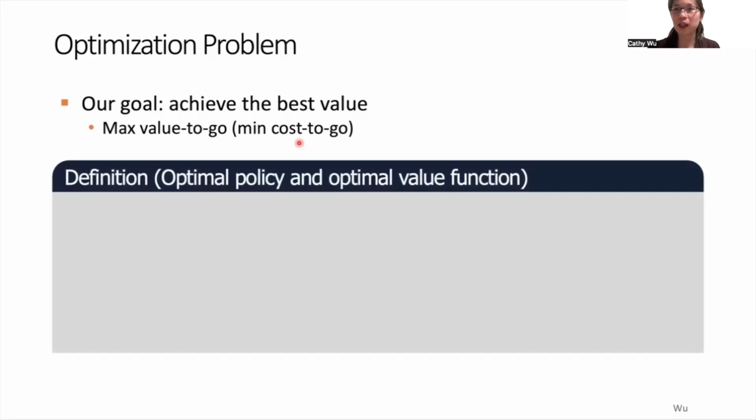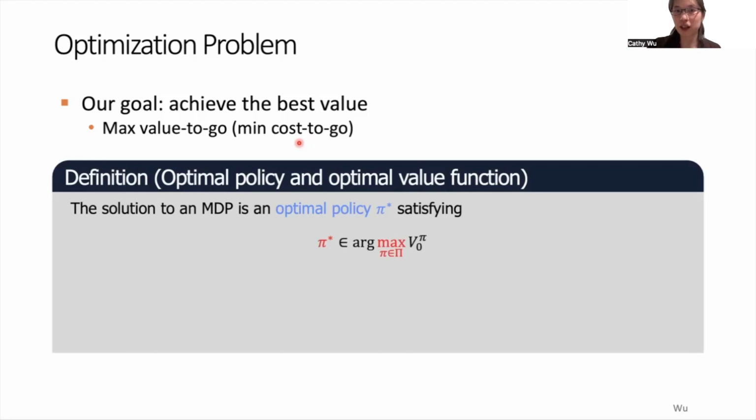Stated more formally, we can write down the optimal policy and the optimal value function. The solution of an MDP is to find an optimal policy, which we often denote by pi star. This pi star will satisfy this optimization problem here, which is basically to find the best pi within some class of pi, some capital Pi, so valid policies. These could be, say, linear functions, or neural networks, such that this value is optimized.